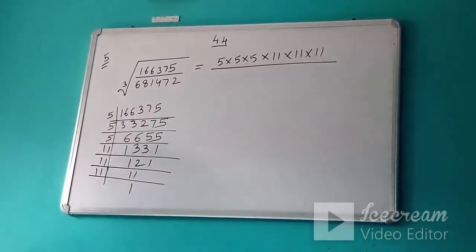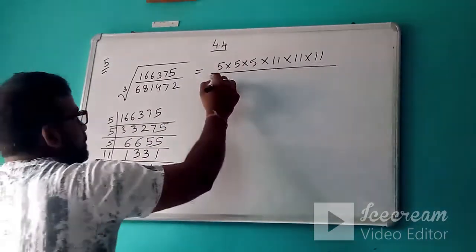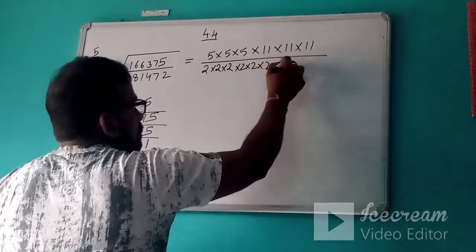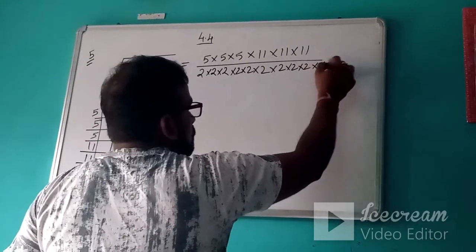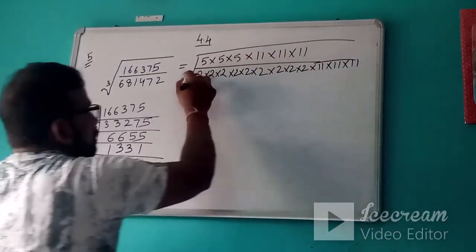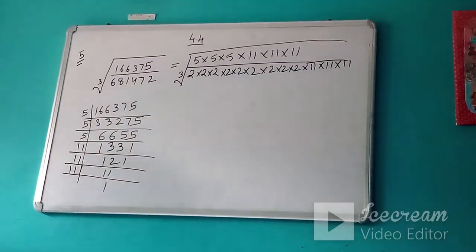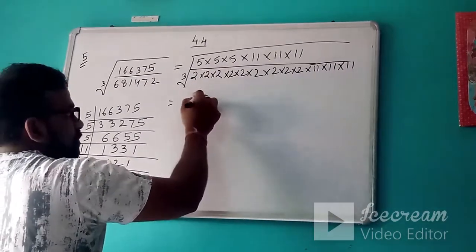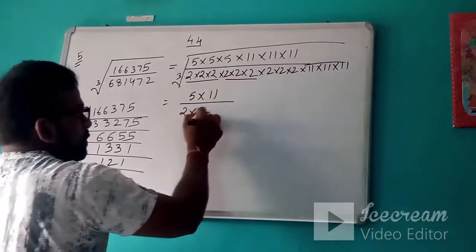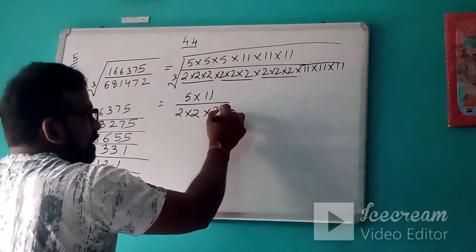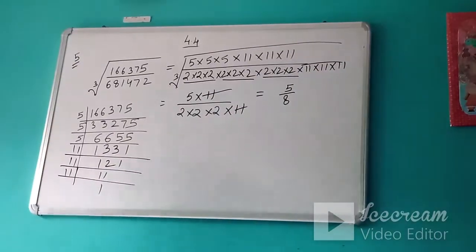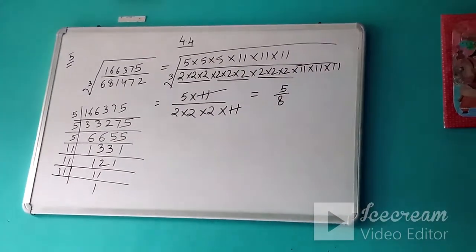In the same manner you will do the prime factorization of this. This I am leaving to you. So you will get this. Finally, what you will get? 5 into 11 upon, from here 2, then 1 more 2, then 1 more 2 will come here into 11. So this 11 and 11 will cancel. You will get 5 upon 8. Like this you can calculate.